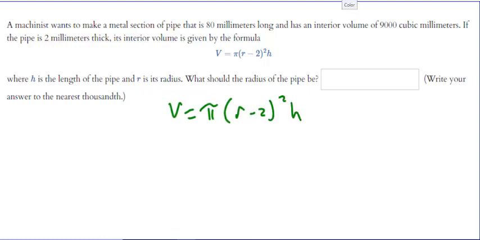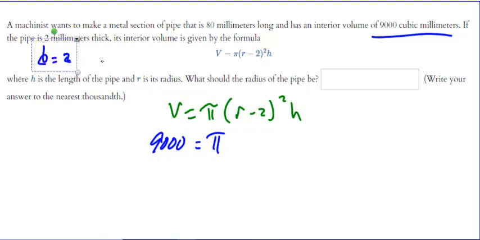So they're going to give us all this information. They tell us that it is 9,000 pi. If the pipe is 2 millimeters thick, then guys, that's really the diameter is 2, and we want the radius, so the radius would be 1.